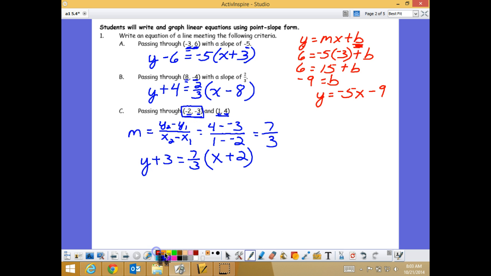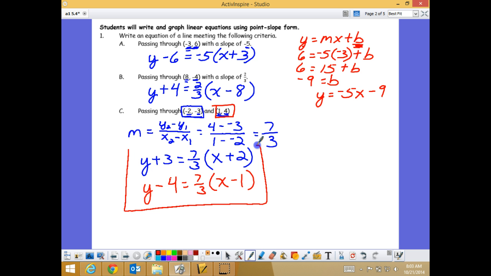That is one possibility for the point-slope form. If you chose to use this point instead, the point 1, 4, you can use the y coordinate, so that becomes y minus 4 equals 7/3 times the quantity x minus 1. Either one will be acceptable for this equation.